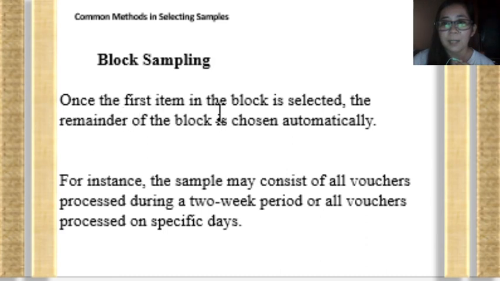Once the first item in the block is selected, the remainder of the block is chosen automatically. It's like regrouping the transactions or the amounts, just like stratified sampling. For instance, the sample may consist of all vouchers processed during a two-week period, or all vouchers processed on specific days. Meaning you regroup the transactions.